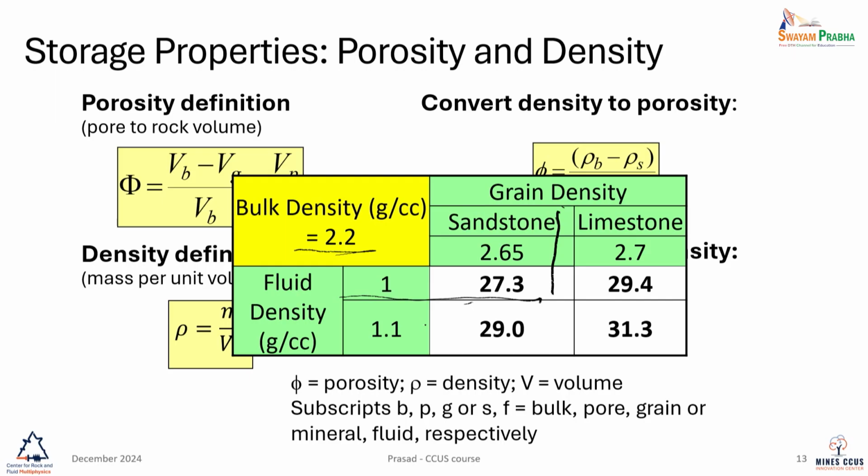If we think we have brine and the density is 1.1 grams per cc, we have an increase for about 2% in porosity. If we have the same fluid but we miss the lithology, again 2% difference.